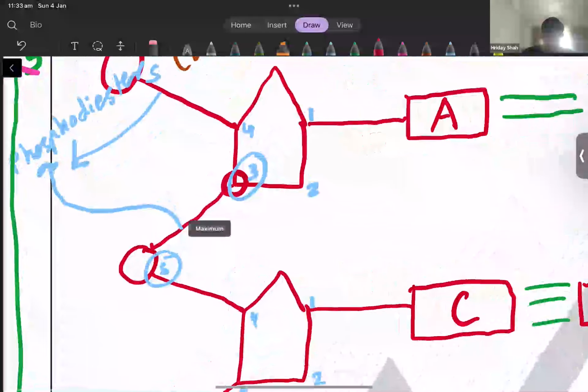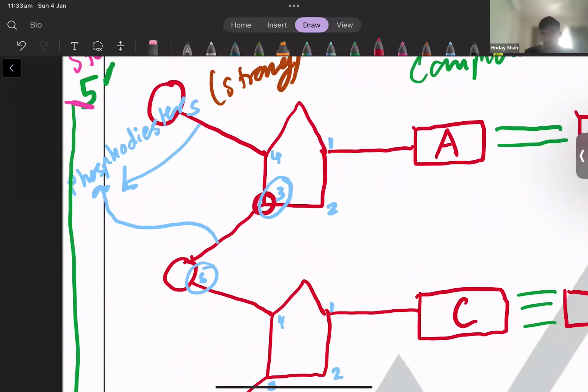Here. The phosphodiester bond is formed via a condensation reaction because the OH attached to this carbon is going to combine with the hydrogen attached to this carbon. And that forms H2O, or it releases water.